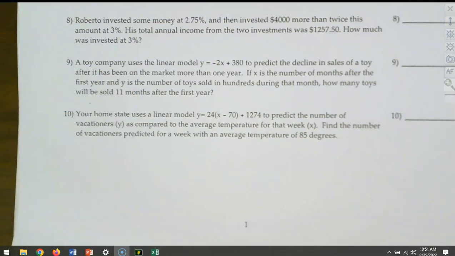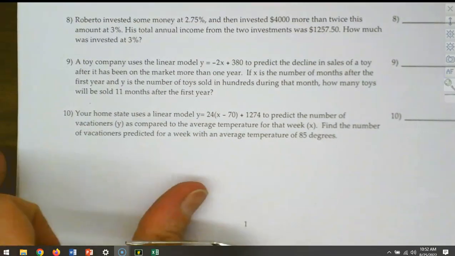Now for 9 and 10, all you're going to have to do is plug in the needed number and work it out. So on question 10, it says your home state uses this linear model to predict the number of vacationers, y, compared to the temperature for that week, x. We want to find the number of vacationers predicted for a week when the average temperature is 85 degrees.